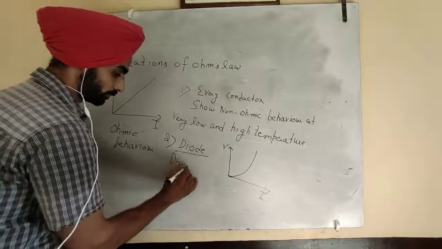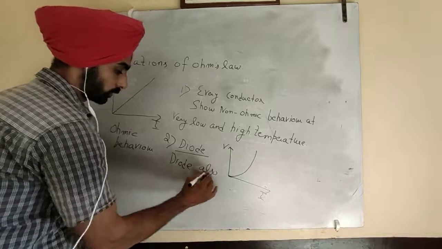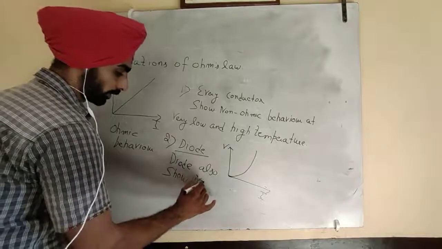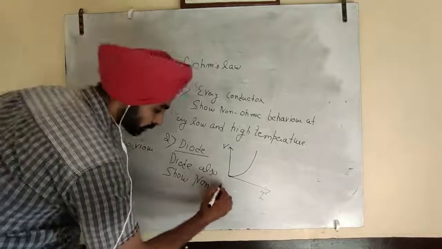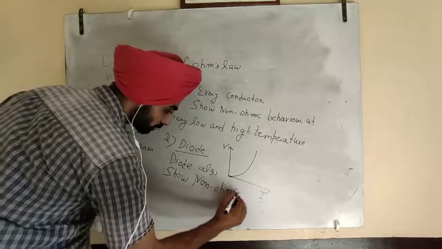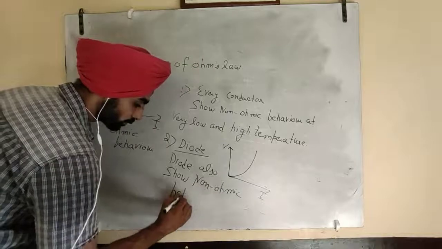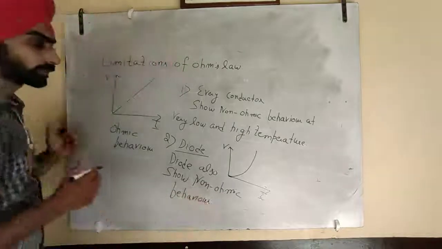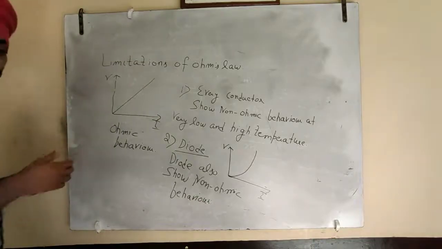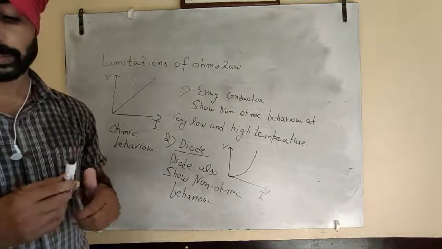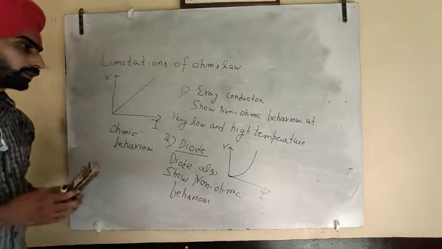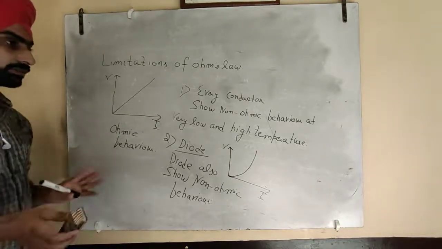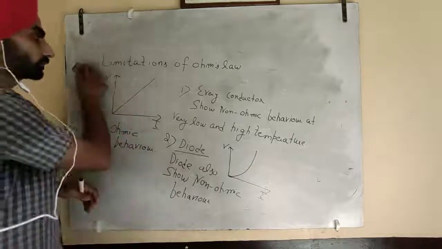Diode also shows non-ohmic behavior. So these are some of the limitations of Ohm's law. This has been already done. Okay. So these are two limitations. It's a theory question. You must be aware of that. It's also given in the NCERT.